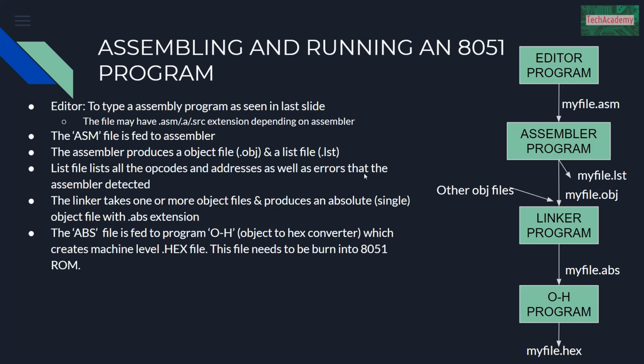If you want to see whether your assembly file has any errors, you can go into this lst file and find out where the error has occurred. Same way it gives you the opcode and operand details. I will walk you through this list file in the next slide. And if there is no error, you will get the myfile.obj file, which is the output of this assembler program.